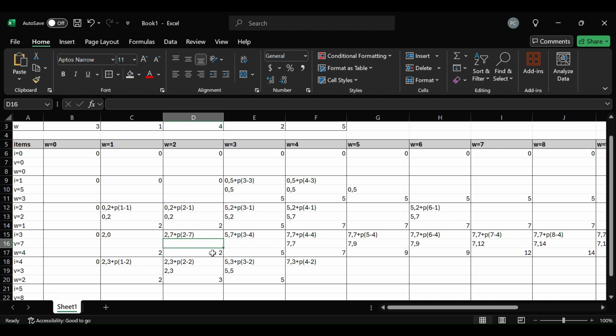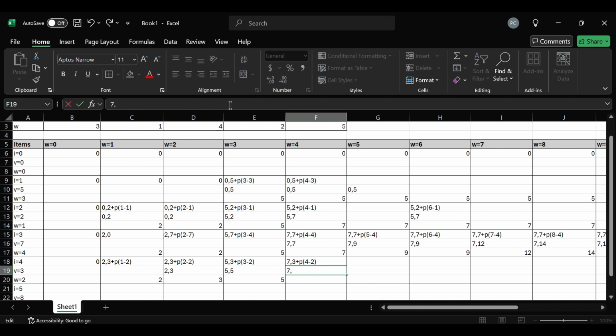Here the value is 2, so this will become 3 plus 2 is 5. So did not pick up 7, pick up 5, and our choice will be did not pick up 7. Then repeat here, 9, did not pick up 9 versus 3 plus profit of 5 minus 2.